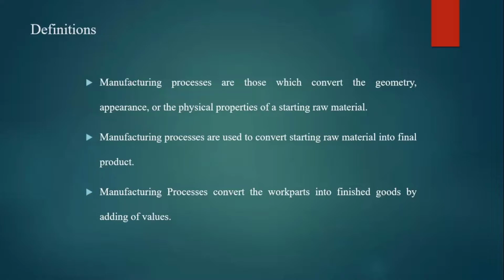We have the other definitions of manufacturing processes also. The manufacturing processes are those which convert the geometry, the appearance, or the physical properties of a starting raw material. For example, in the case of die casting process, we use molten aluminium to convert it into the connecting rod.